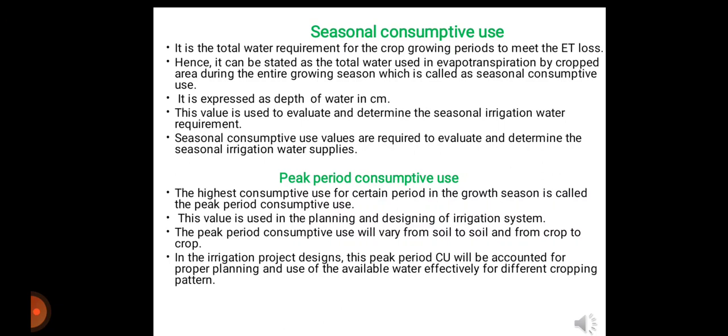The peak period consumptive use will vary from soil to soil and from crop to crop. In the irrigation project design, this peak period consumptive use will be accounted for proper planning and use of the available water efficiently for different cropping patterns.